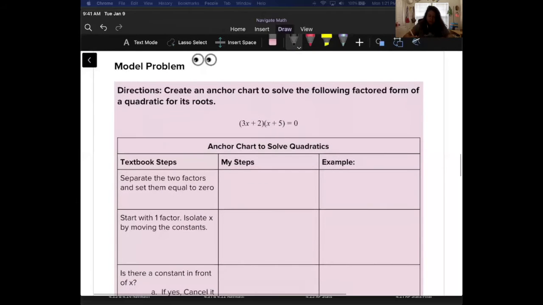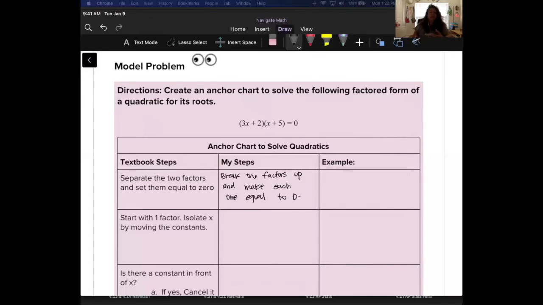Create an anchor chart to solve the following factored form of a quadratic for its roots. So step one is to separate the two factors and set them equal to 0. Before I even start doing any math, I'm going to take this step and put it into my own words. So what I think this is trying to tell me is to break the factors up and make each one equal to 0.